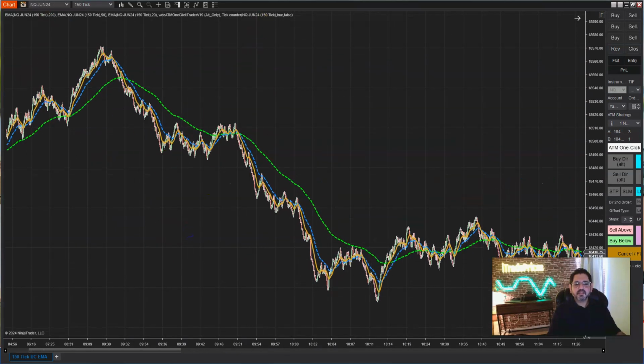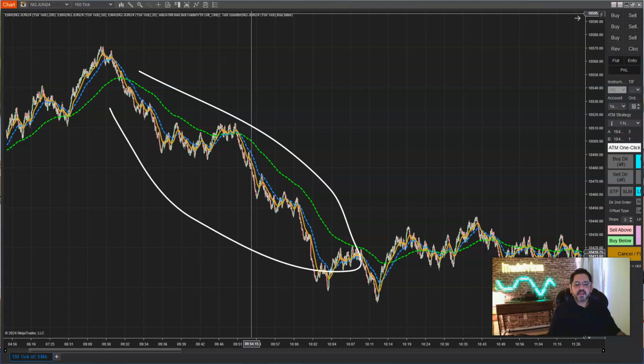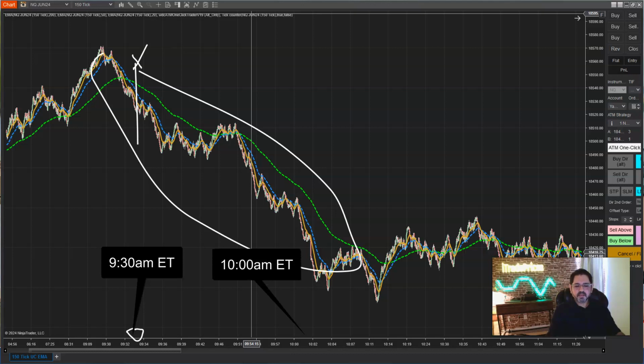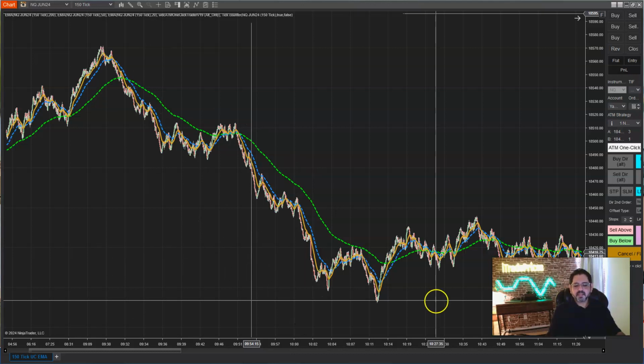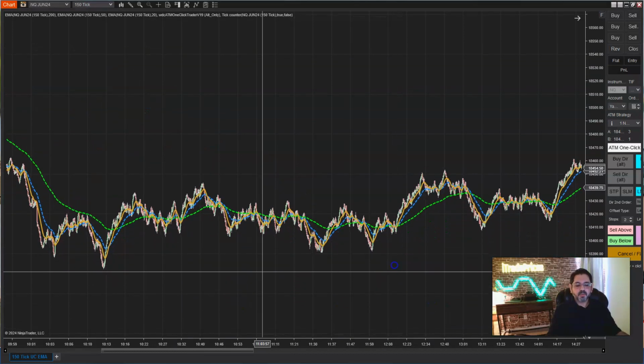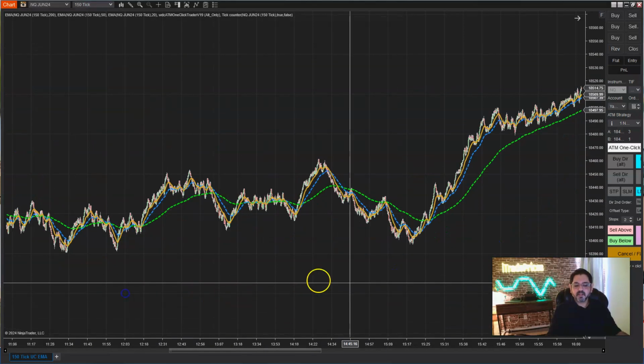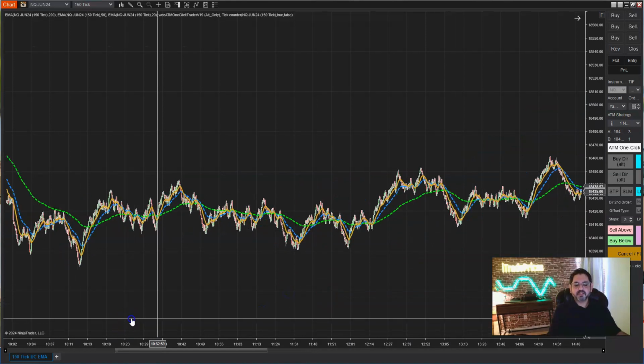These trends are rare, and they only last 15, 20, 30 minutes tops. If you start from 9:30 US market open till 10 o'clock, that's 30 minutes of trend, and then all the way chop from 10 till about 3 o'clock, sideways.